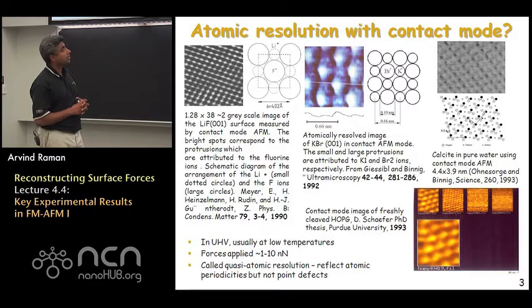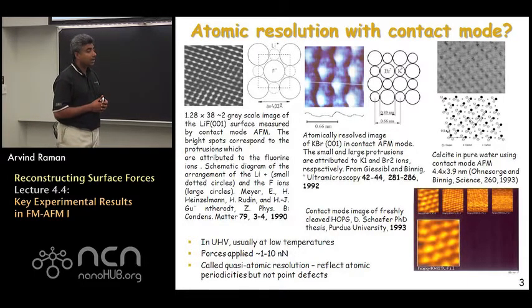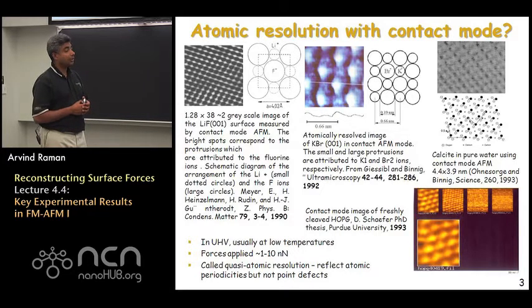Very soon after that was the first atomically resolved image, or certainly an image showing atomic periodicity, of potassium bromide 001 in contact mode. This came out of Giessibl's group, and sure enough, here you see two kinds of protrusions. One was attributed to the bromide ions and the other to the potassium ions, and so on. Very soon after that, there was one of the earliest images taken in water, which demonstrated atomic periodicity using contact mode in water.